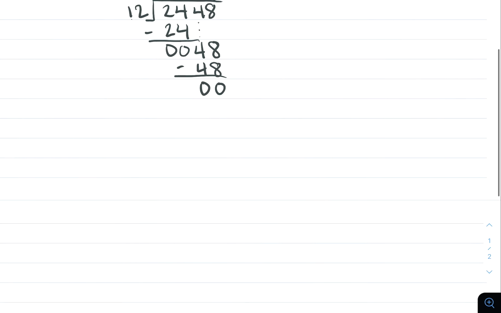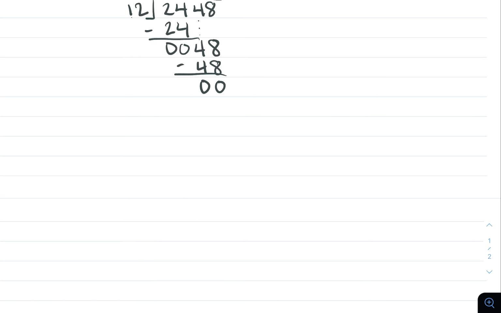Let's look at a couple examples where things don't work out quite so smoothly. We can try 4 into 127. Well, 4 definitely goes into 12 3 times because 3 times 4 is 12. Okay, let's subtract that away. Come out with 0, 0.